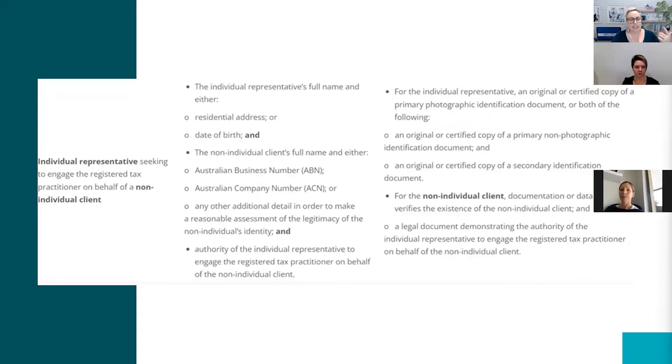And the next is an individual representative on behalf of a non-individual client. So for example, you own a company and you're wanting the tax agent to be able to do the tax on behalf of that company, not necessarily yourself, then there's more that we need to request. That is your full name, residential address, date of birth, as well as the ABN, ACN, and any other additional information needed to confirm that the company indeed belongs to you.